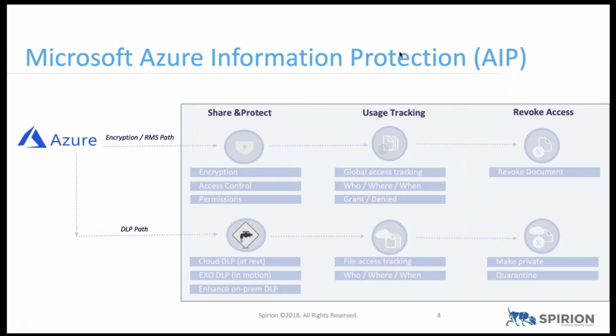And so one of the primary reasons that customers have been talking to us about leveraging our solution to help with their usage of controlling documents within the Azure environment has a lot to do with the reasons why they use the Spirion platform in the first place, right? The speed and the accuracy of being able to go through all of that information and the accuracy with which we can classify all that information.